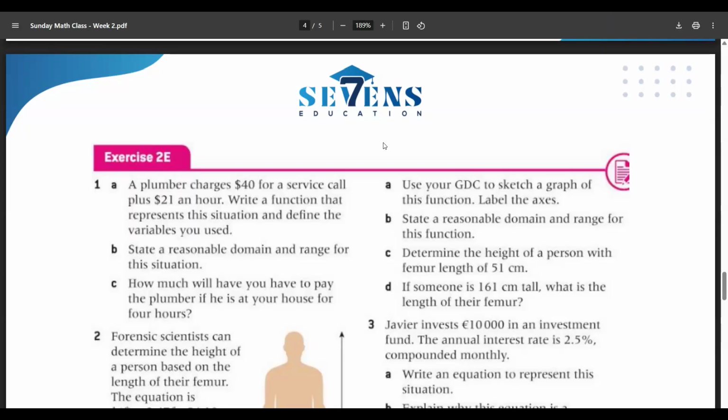Wait, Michael, for reasonable domain and range, does that mean like, up to you? Oh, so like we could put 24 hours or something, right? Yeah, for the domain, up to you. When I saw that question, I was like, what is the domain?